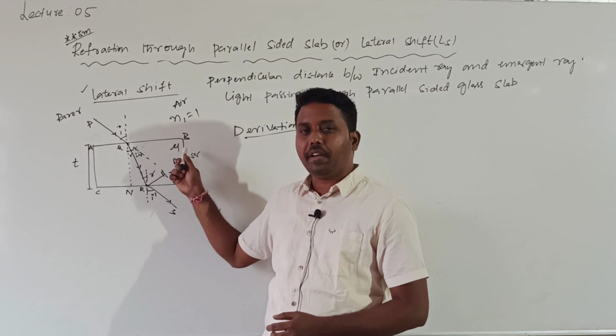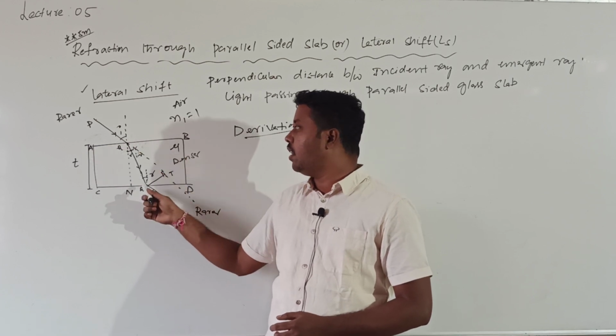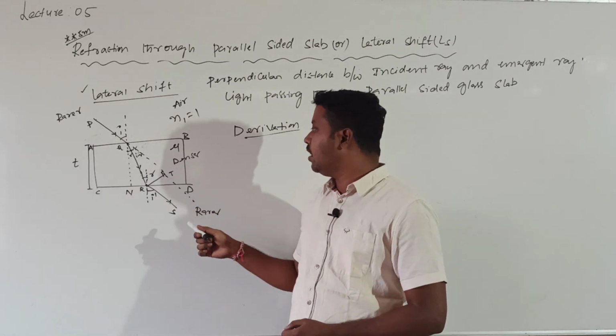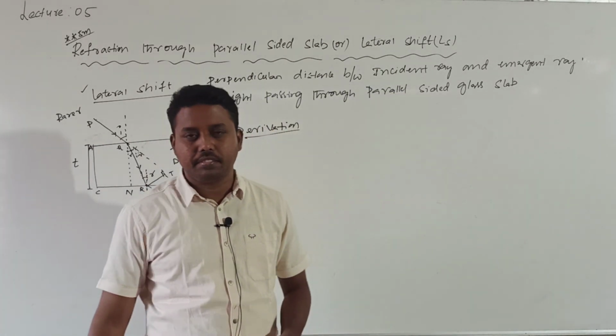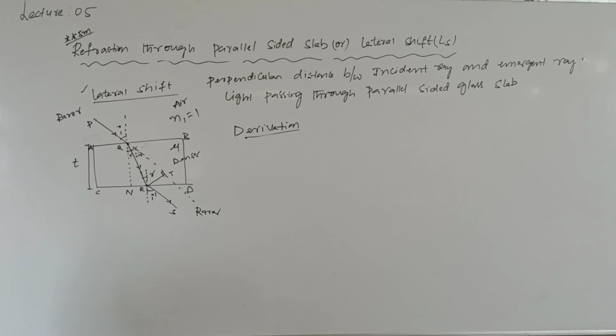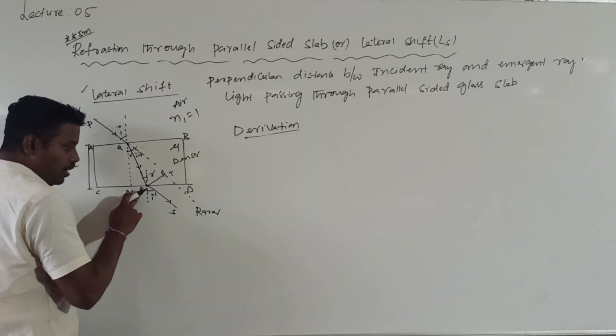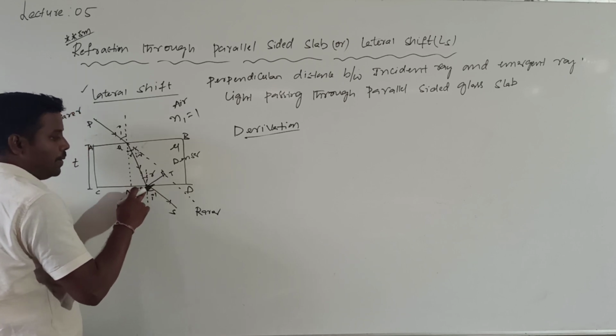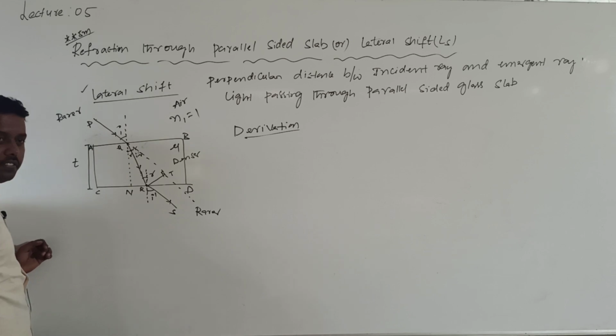The light ray is refracted along QR, incident on CD, and emergent along RS. The perpendicular distance between the emergent ray and the direction of the incident ray is called lateral shift.